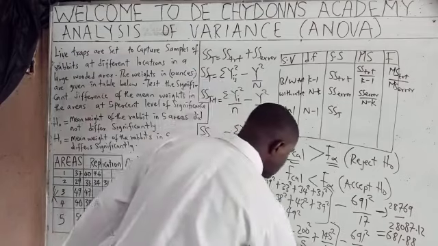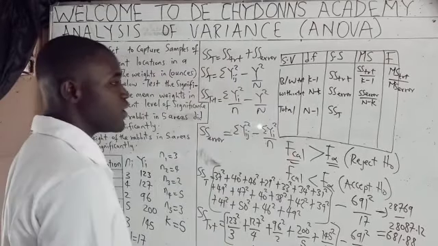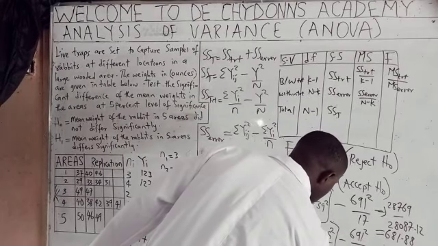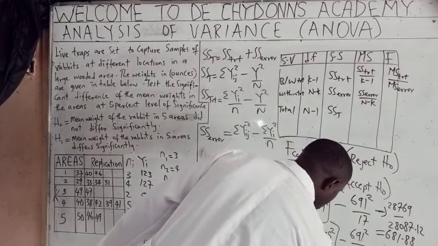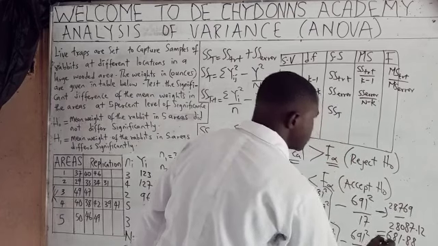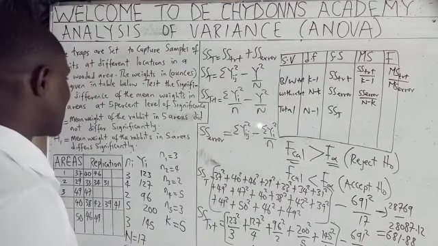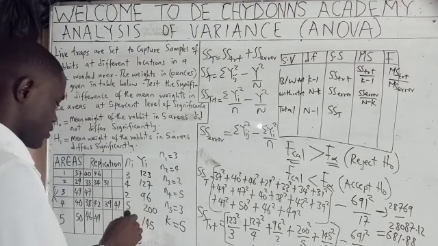When you subtract the two, you will be having 604.46. That is our SS treatment.